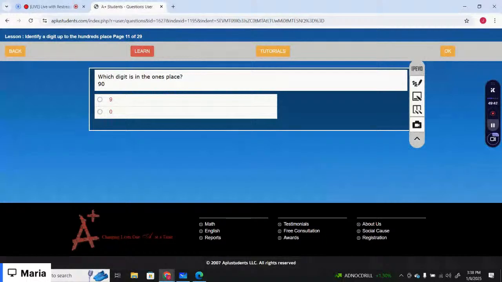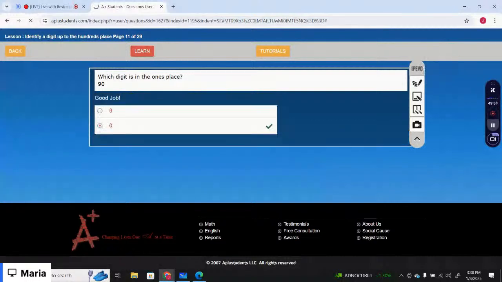Which digit is at the ones place, which is the correct option? 0 is at the ones place. The correct option is 0.